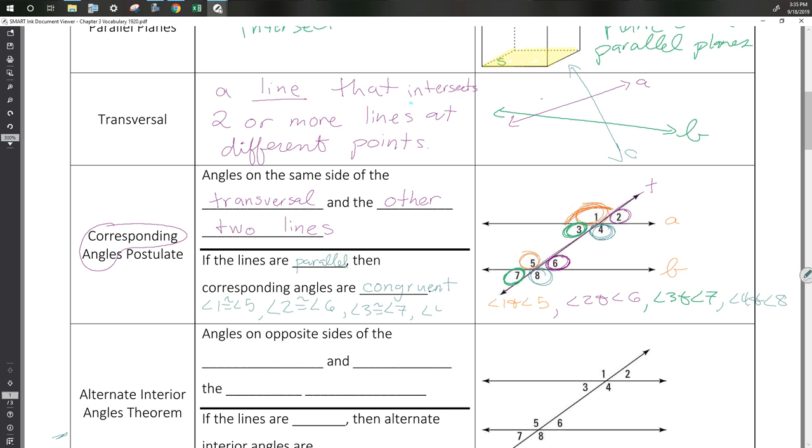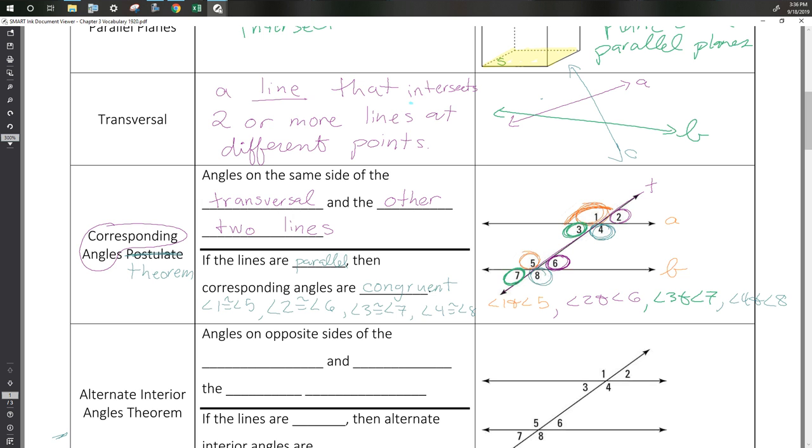And angle 4 is congruent to angle 8 if the lines are parallel. So that's the corresponding angles theorem. If the lines are parallel, we're using the corresponding angles theorem. If we're just identifying corresponding angles, we're using that definition.